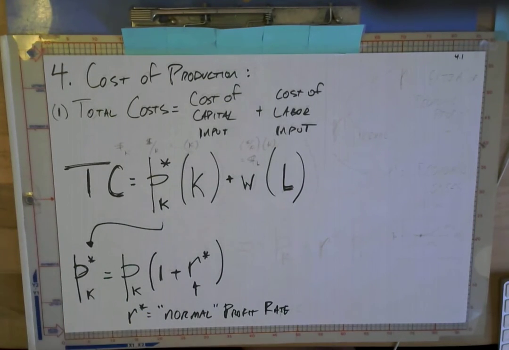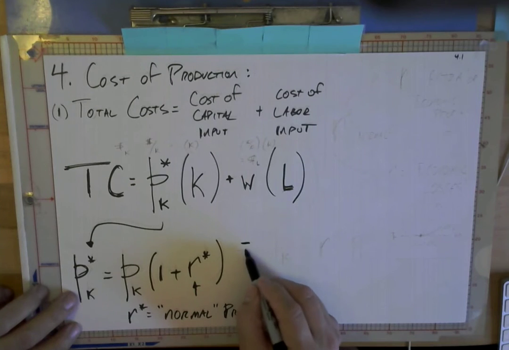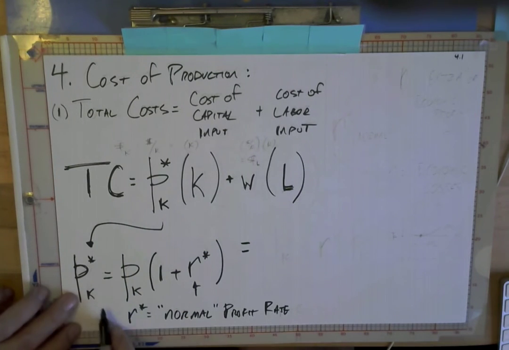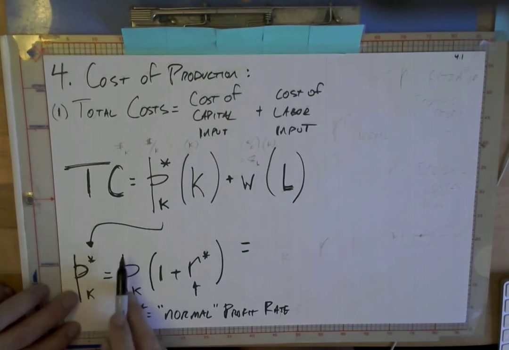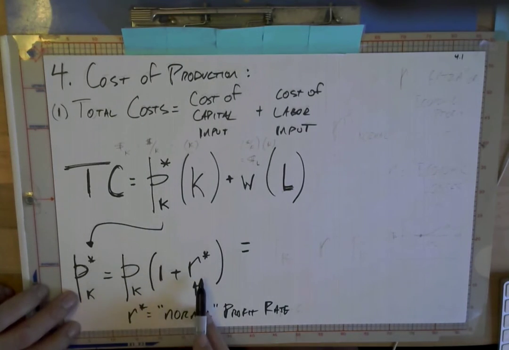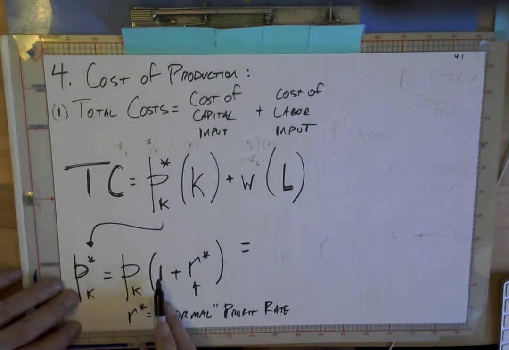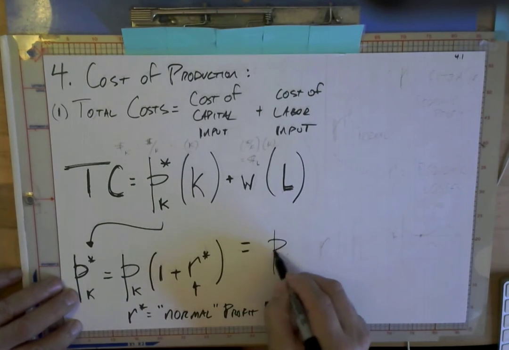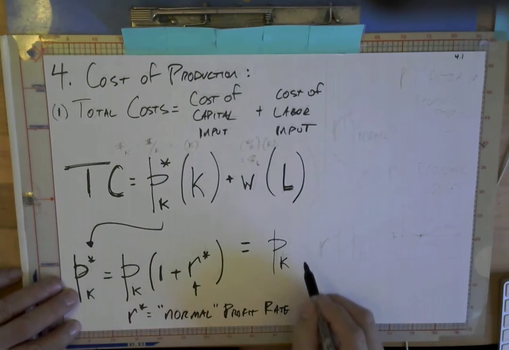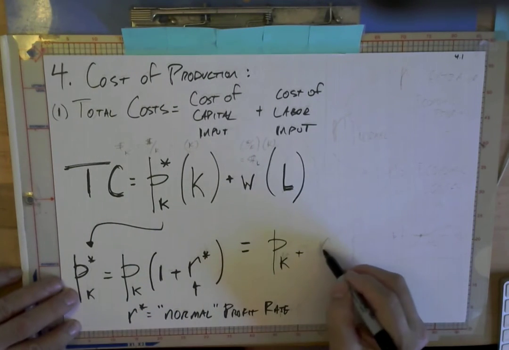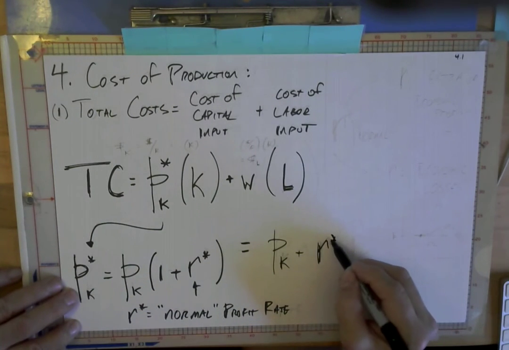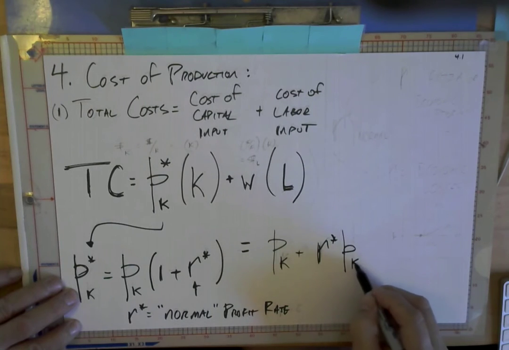That's the point. That means the cost of capital, we can think of it as a command price of capital. It's the investment price plus the remuneration. When you effectuate the multiplication, PK times 1 is equal to PK, and PK times R star is R star PK.